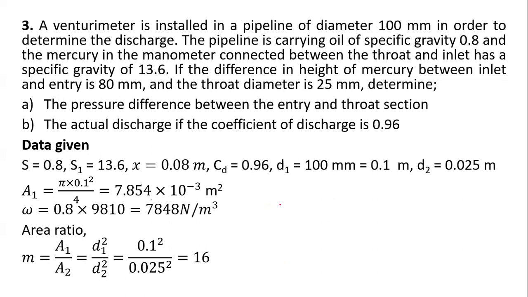So what happens here is that you have this pipe, and then you interrupt it, and have a venturi in the middle. This is where the pipe section comes to a smaller size. So there we connect, and we connect.